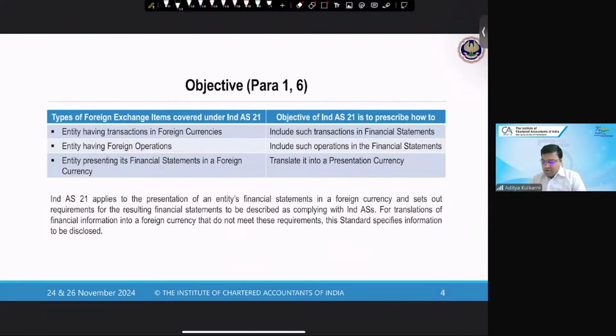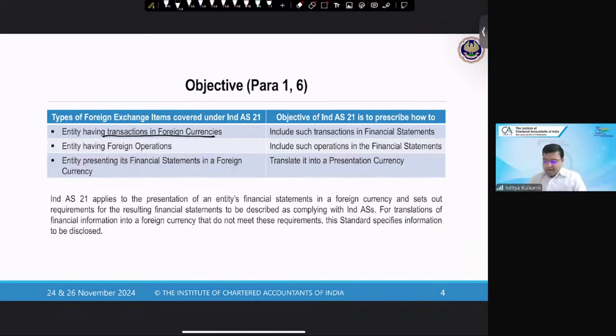So what is the objective of this standard? The objective is to prescribe how to include transactions in foreign currencies in the financial statements. Suppose I make a sale in dollars, but my reporting currency or my financials are prepared in INR. How do I convert this dollar to INR? How to include it in the financial statements is the first thing.